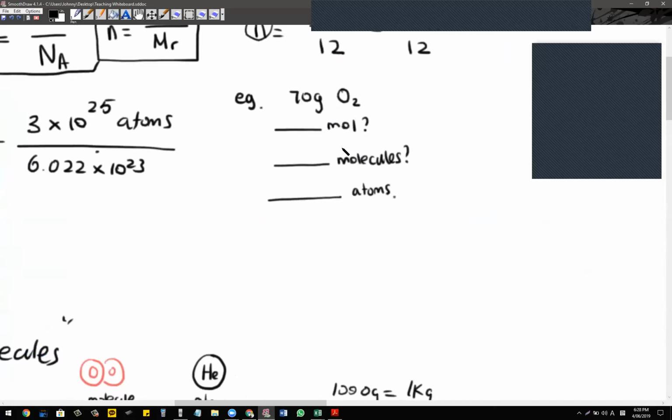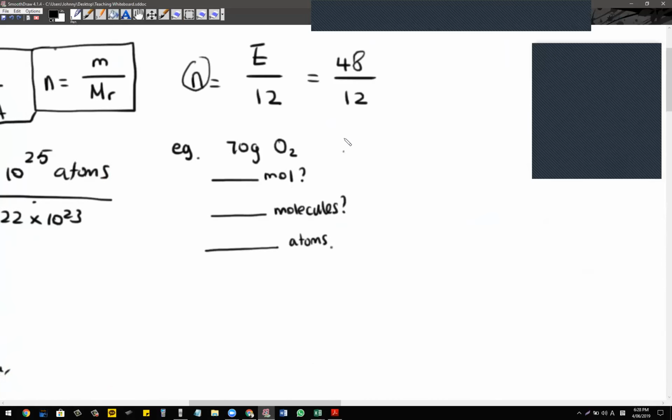So the molar mass of oxygen is 32 grams per mole. That means in 1 mole, you're going to have 32 grams. If you have 2 moles, you're going to have 64 grams. If you have 3 moles, you're going to have 96 grams, right?